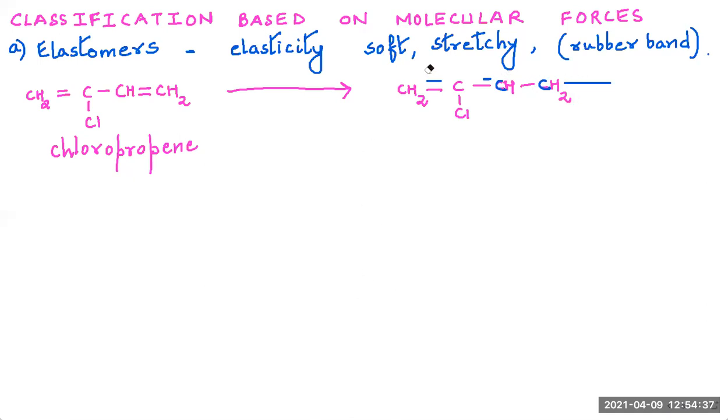Same way, I am breaking this. So one comes here and will the other one come here? No. Again you made a mistake. See, this is the pi bonded region. So if one comes on this carbon, the other one will come on the chlorine one.